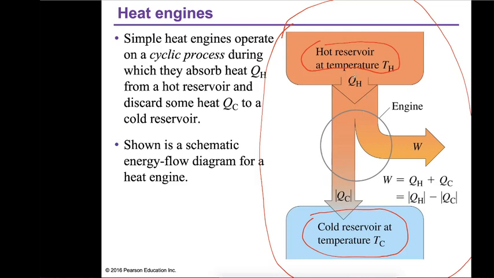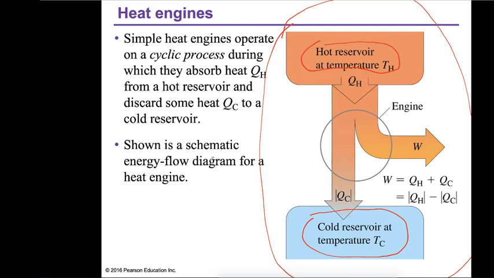So you have some heat flows out from the hot reservoir QH, and some heat has been absorbed by the cold reservoir, which is QC. So the difference between QH and QC should be the work that is done from the system. So this is the work done by the engine.